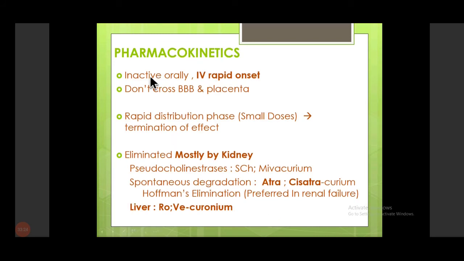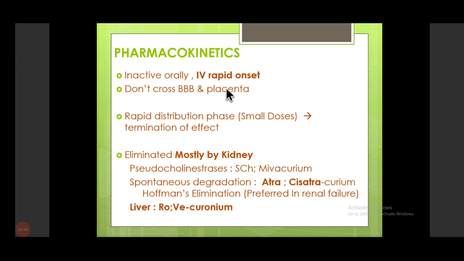So coming on to the pharmacokinetics, mostly being quaternary compounds, these are mostly inactive orally, and are active primarily by the IV route, or intramuscular in some cases. They do not cross the blood-brain barrier owing to their quaternary structure.